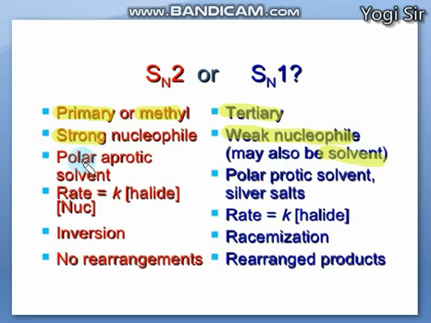Here in SN2 we are using polar but aprotic solvents. Aprotic means which do not release H plus, while in SN1 we are using polar protic solvents. You can even use silver salts in this reaction.